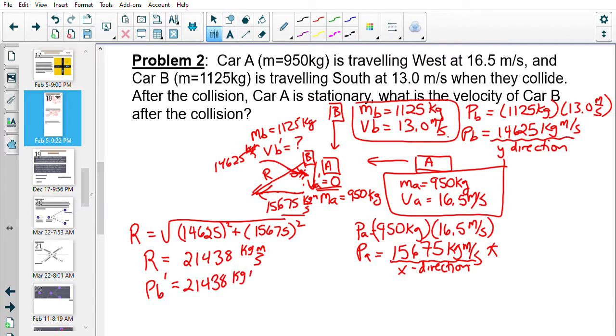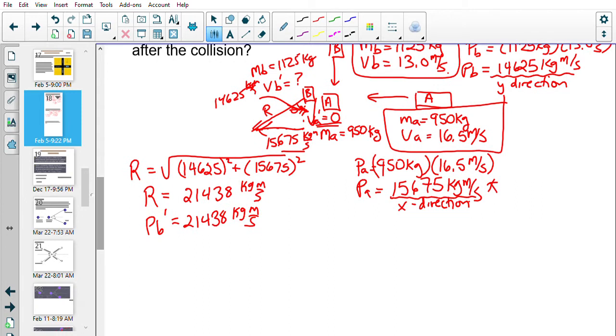Kilogram meter per second. Question was asking, what is VB prime, which means you take the momentum and divide by the mass. This time it's only mass B, not the total. So you're taking your 21,438 kilogram meters per second, dividing that by the mass of B, which was 1125 kilograms.